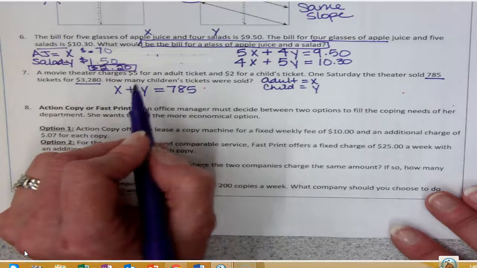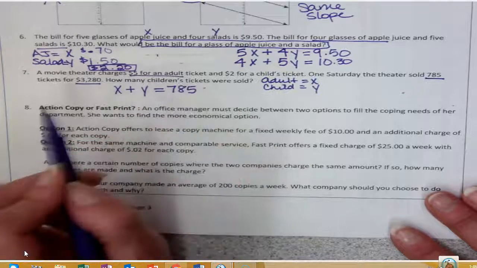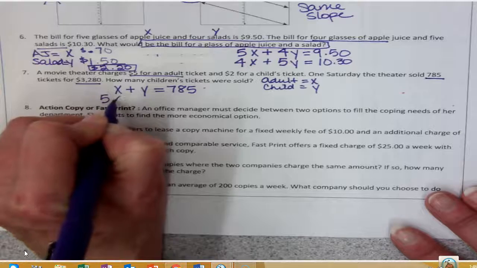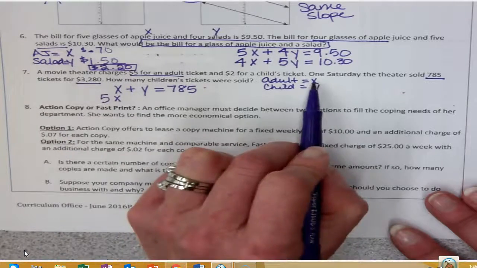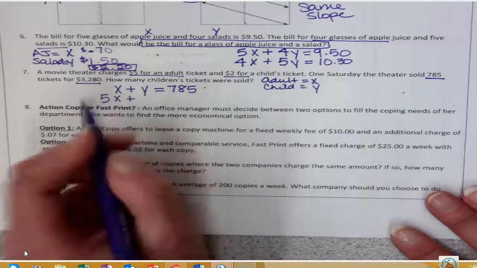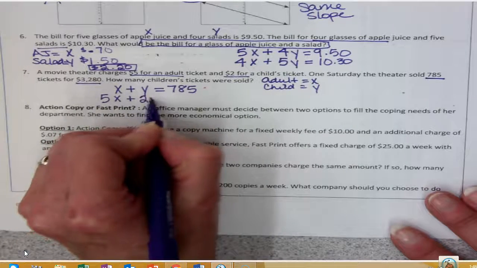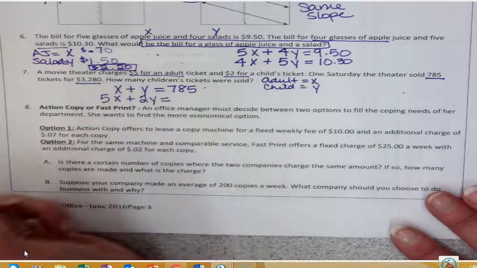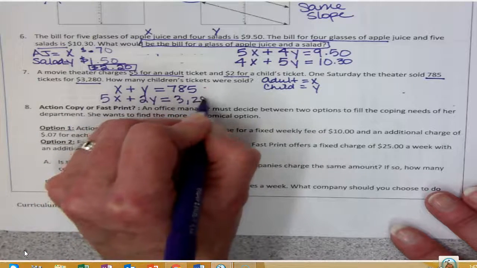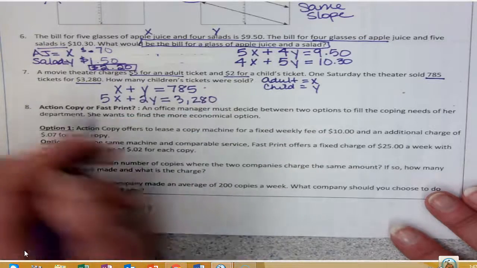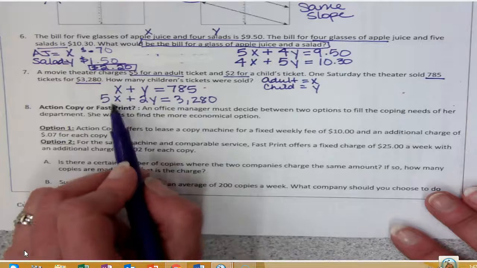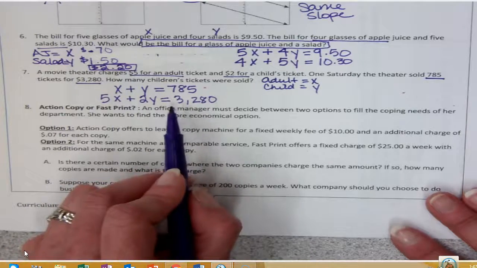So we know that $5 per adult ticket, our X, plus $2 for each child's ticket equals $3,280. So this one we're just talking about the number of tickets sold. This one we're actually talking about dollar amounts.